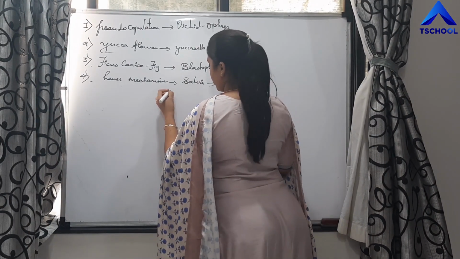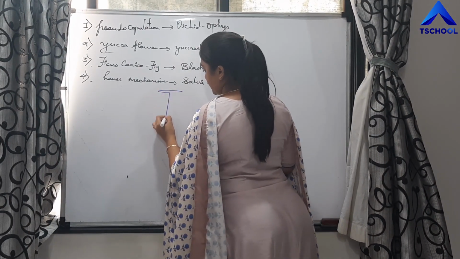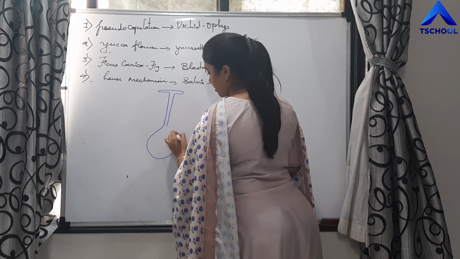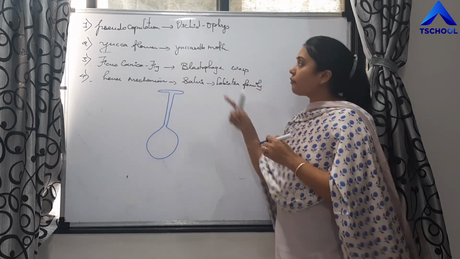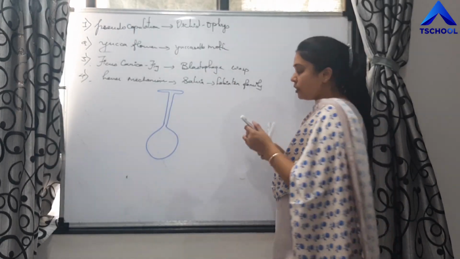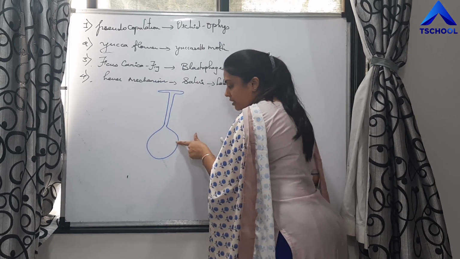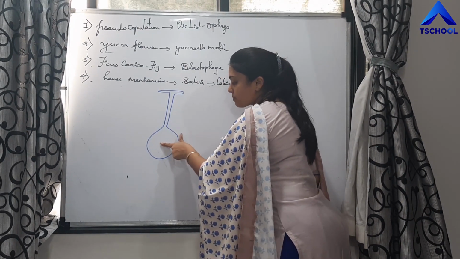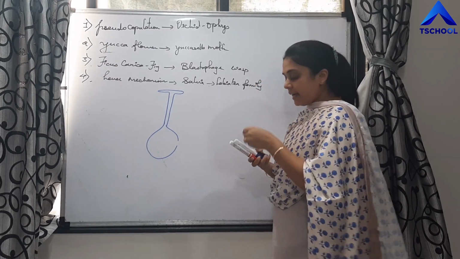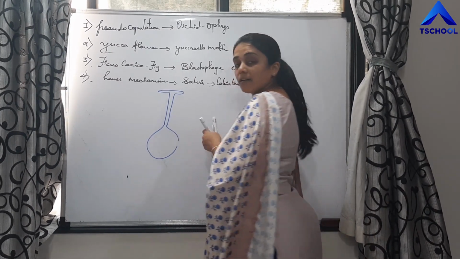So this is the stigma, style and ovary of the yucca flower. What will the moth do? The moth is going to drill this ovary from the side, right? So it is going to drill the ovary from the side, and inside it, it is going to lay.